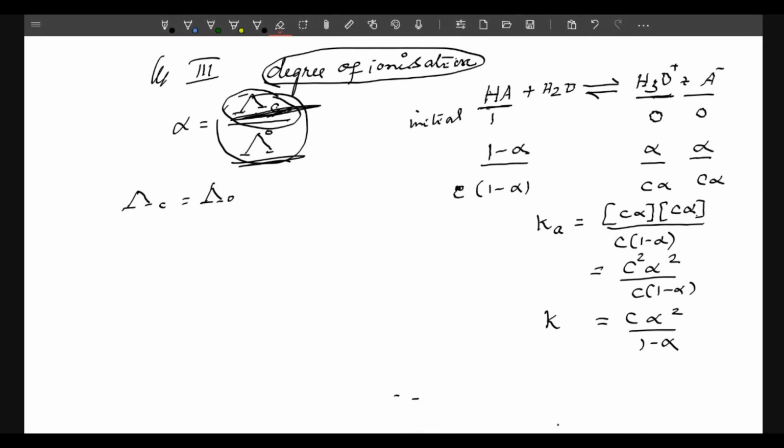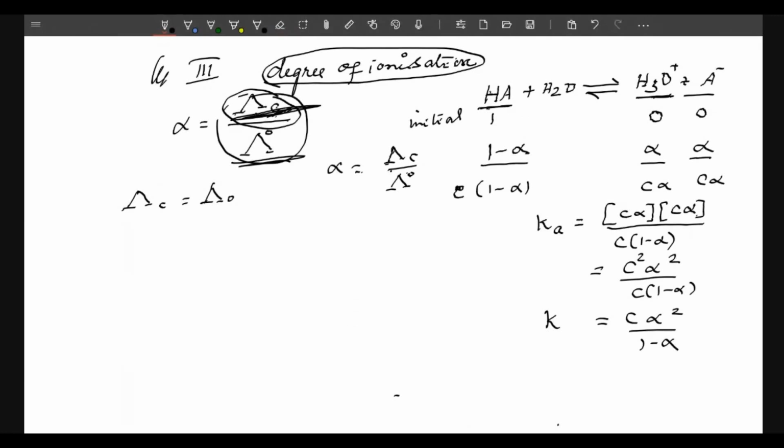Here we are not going to omit the alpha value. We are going to take this. You know, alpha is equal to lambda C by lambda naught. Put the value of the lambda.